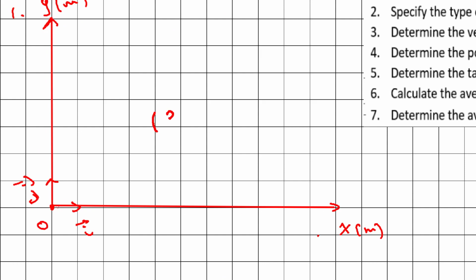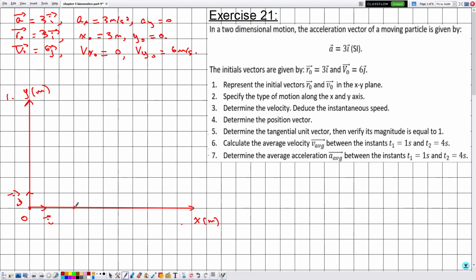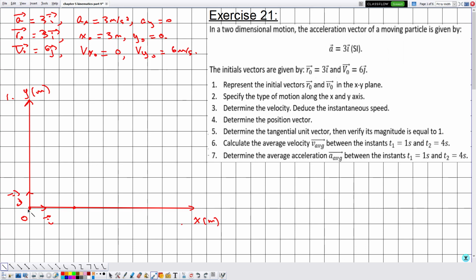So 3 on the x-axis, 1, 2, 3, and 0 along the y-axis. So this is the head of the vector, and it is oriented from O to this point.